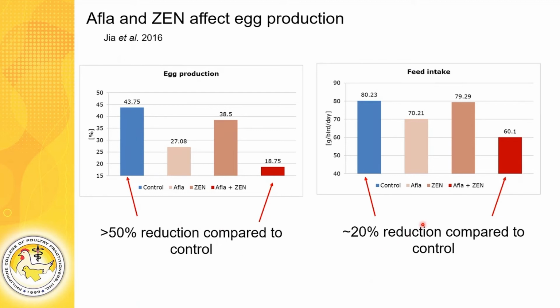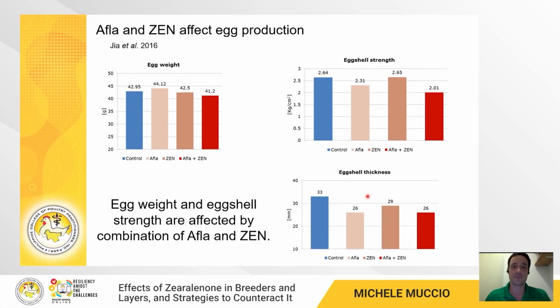So again, performance greatly affected by those two mycotoxins. If we have a look at the egg weight and the eggshell strength, we can also easily see that those were affected by the simultaneous presence of those two mycotoxins, which we can see here in the red bars, compared to individual mycotoxins.